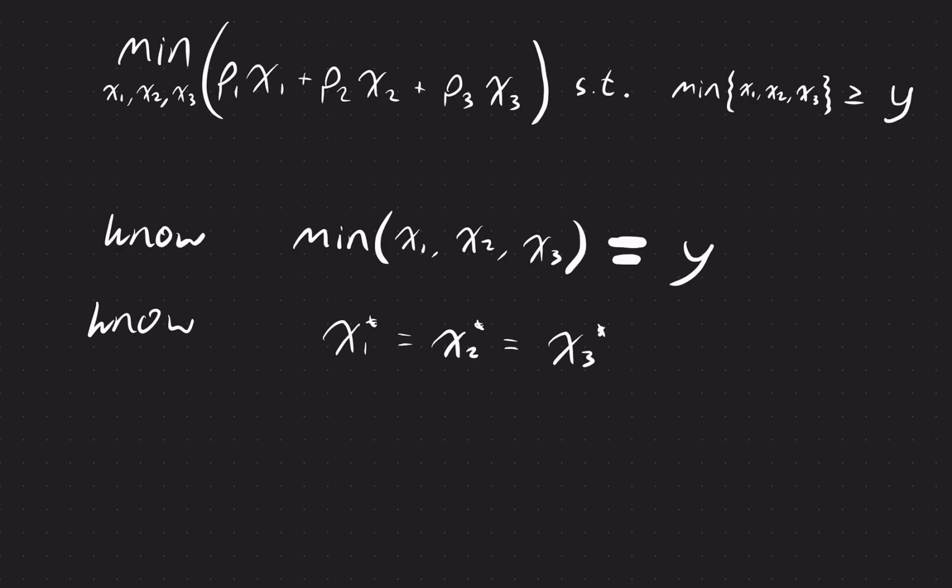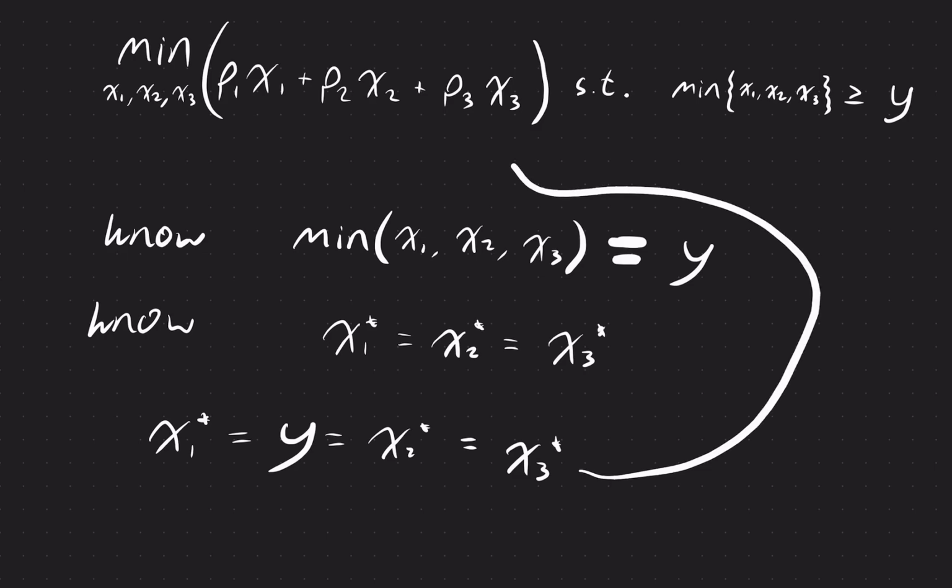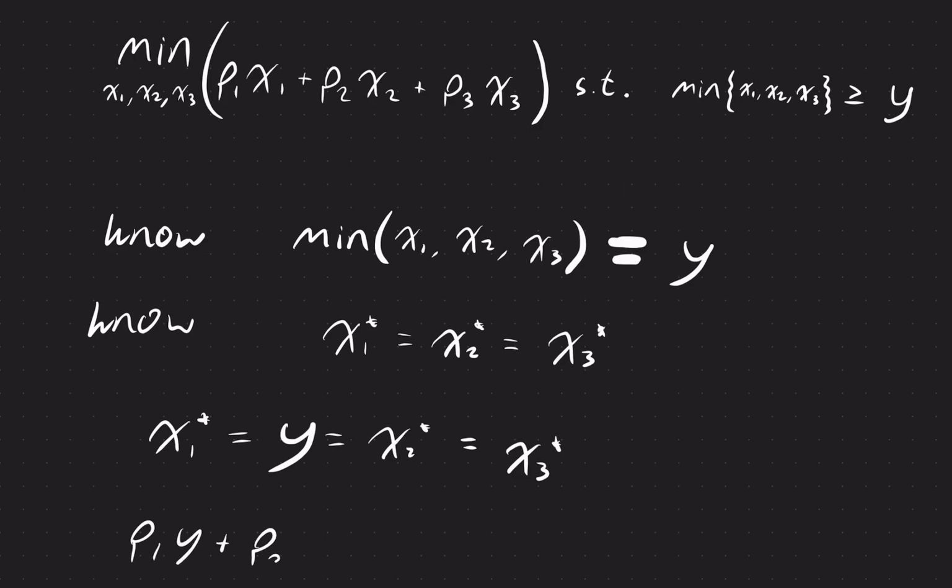Explicitly, that means x1 star is going to be equal to y, x2 star is going to be equal to y, and x3 star is going to be equal to y. And so we can put that up here, and we get p1y plus p2y plus p3y. And that's the cost function here.